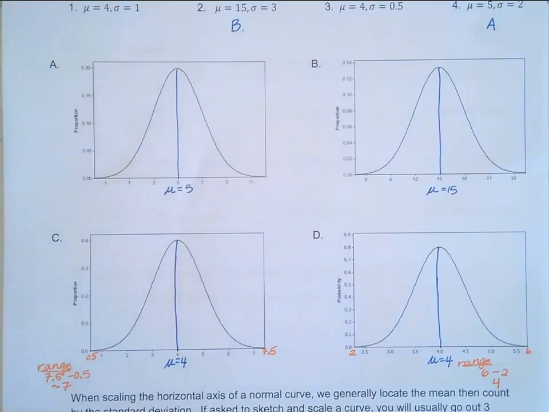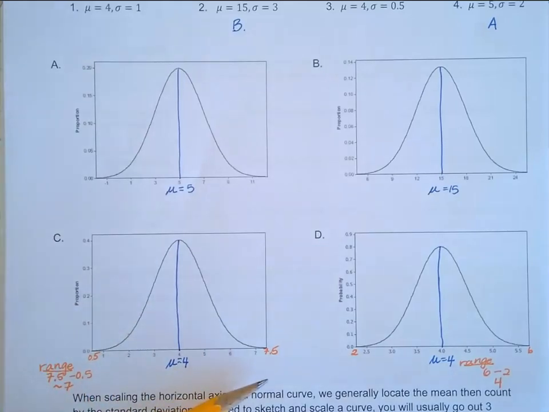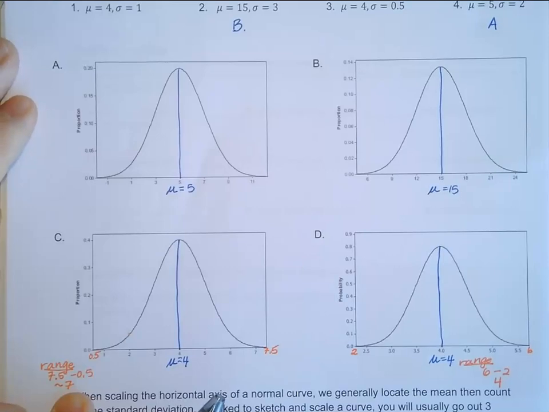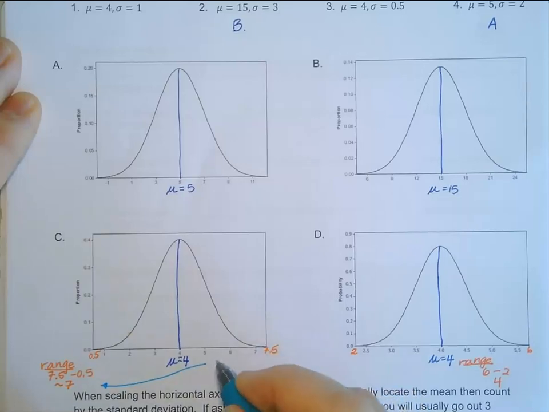Okay, well, which one has the bigger range? C has the bigger range, 7. So I'll draw a line here. So this has the greater range.